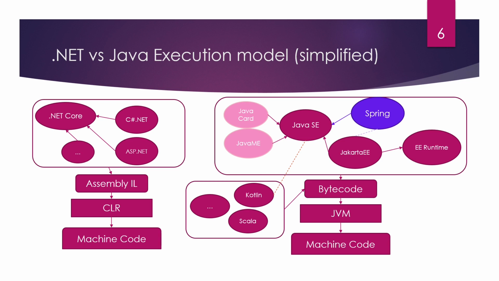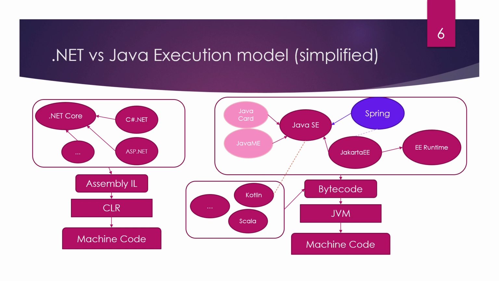For .NET, we have .NET Core, and anything that ends with .NET, for example, C#.NET, ASP.NET, F#.NET, they all use .NET Core libraries to implement the features. After the application is developed, the compiler for each of the languages, for example, the compiler for C#.NET, generates something called assembly.il.